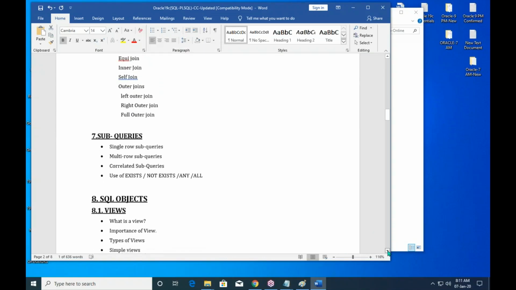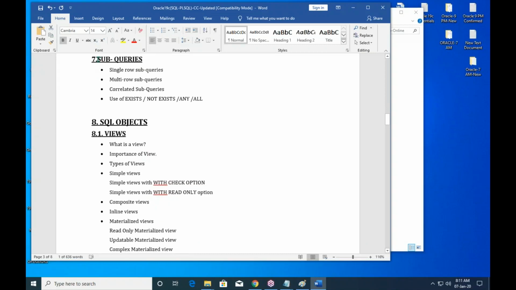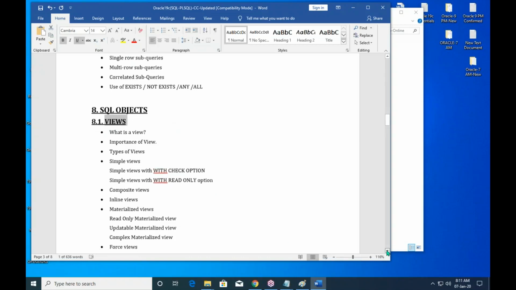Next one, subqueries. This is also a most important concept. How to write a nested query, what is a subquery, what is a correlated subquery, what are the operators with the subqueries. And the next topic, what are views?